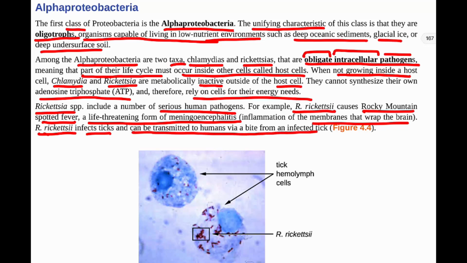So you should know some different examples: Rickettsia rickettsii causes Rocky Mountain spotted fever and meningoencephalitis, because it infects ticks, which then bite humans, and the human gets the disease from the tick.